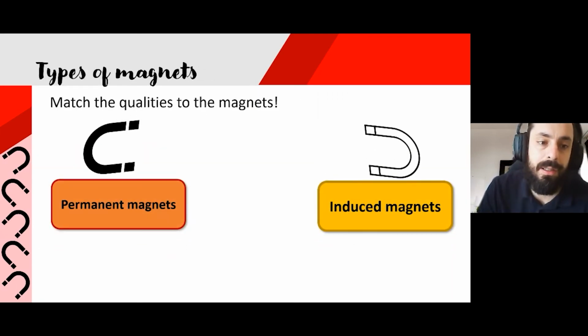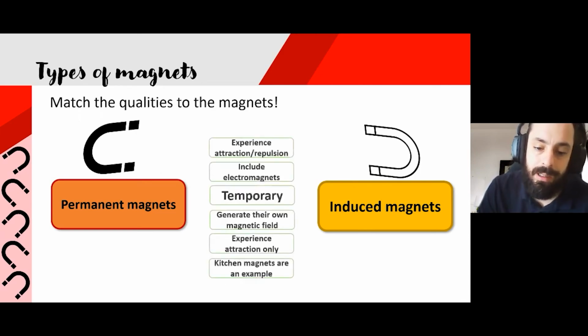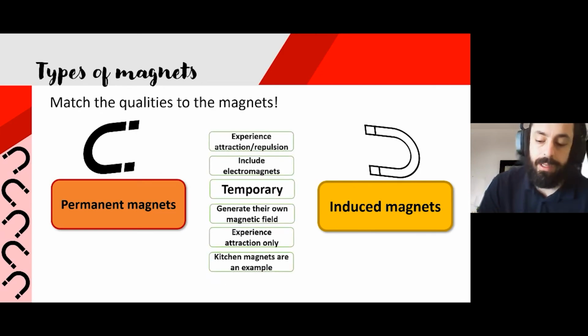Okay, so once again, let's do a little recap. You need to match the qualities to the magnets. I'm going to give you 30 seconds to think about it. You can do it in your books. You can take a screenshot and then paste it on Word and make your own lines. I'm going to be solving it in a second for you. Okay, guys, you got 30 seconds for this.